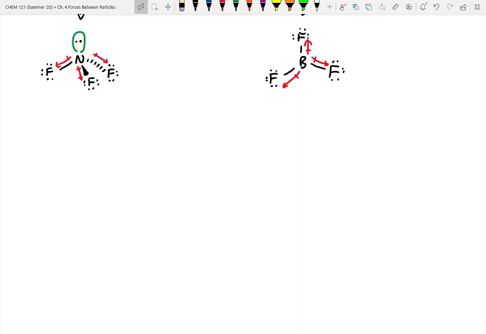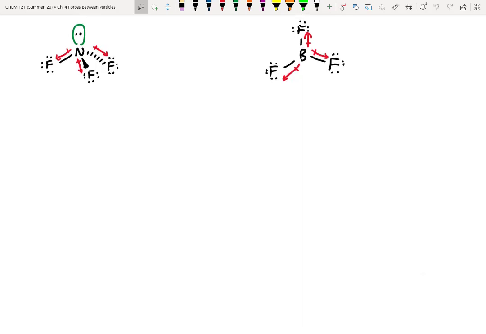However, let's think about the sum of the poles. And let's think about over here with boron. I would say that really because of symmetry, the poles will cancel.